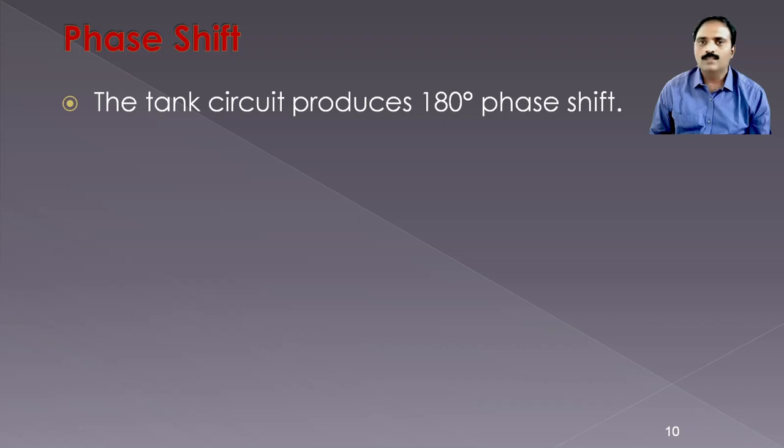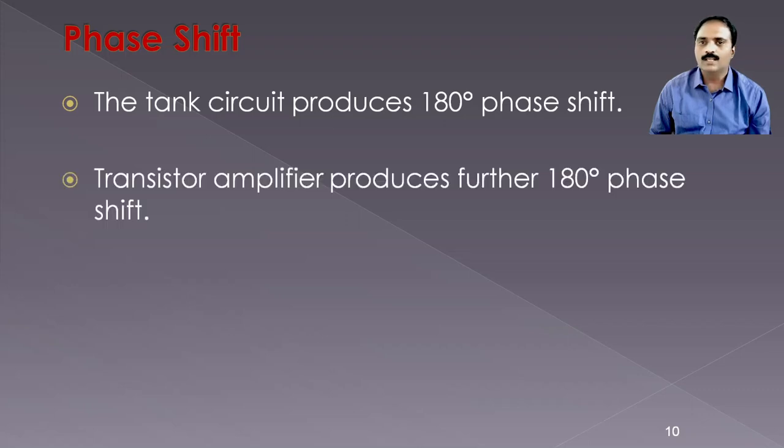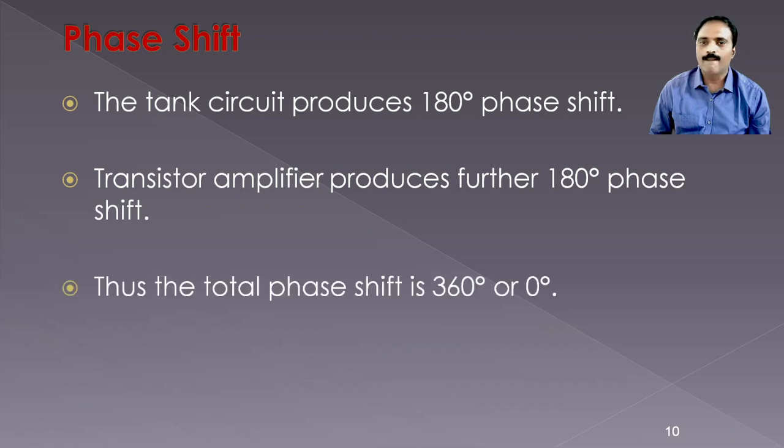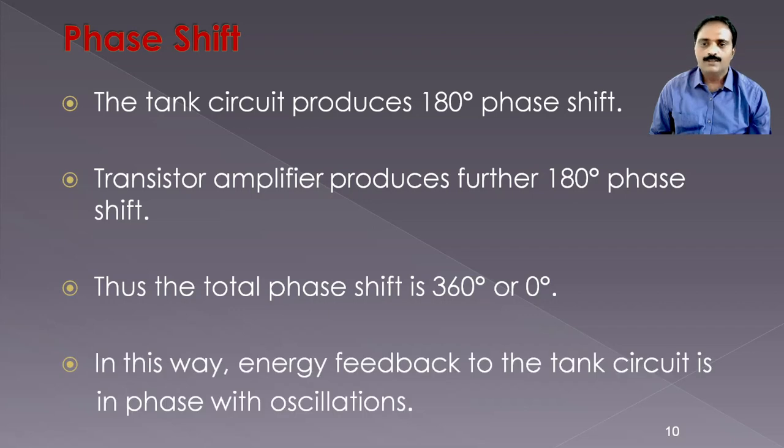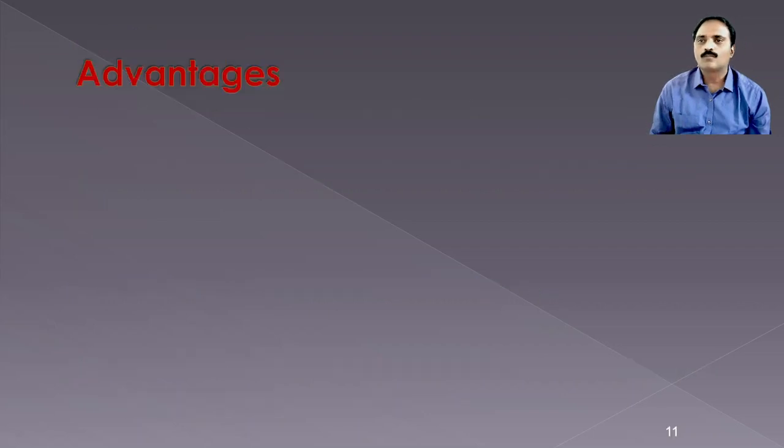So the tank circuit generates 180 degrees phase shift, and the amplifier further produces 180 degrees of phase shift, thereby giving the total phase shift of 360 degrees. In this way, the energy which is fed back to the tank circuit will be in phase with the oscillations. So that's about the principle of operation of Colpitt's oscillator.